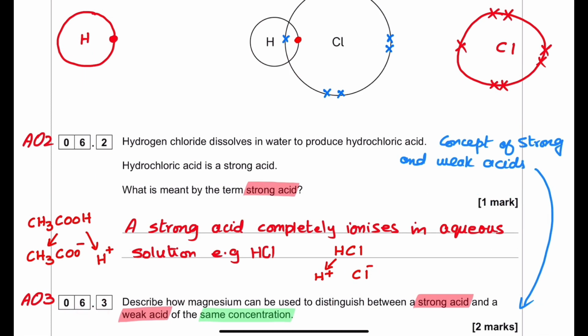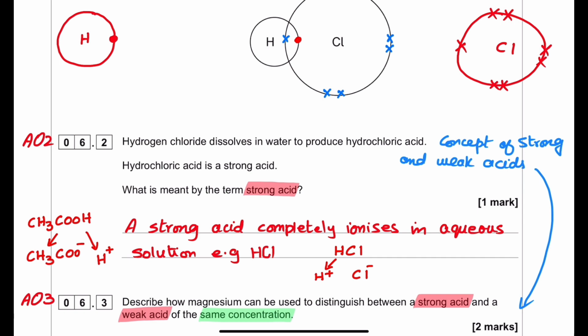6.3 again is an AO3 question, and this question is from the topic of concept of strong and weak acids. Describe how magnesium can be used to distinguish between a strong and a weak acid of the same concentration. If we have the same concentration of the strong acid or a weak acid, we are going to use magnesium metal.